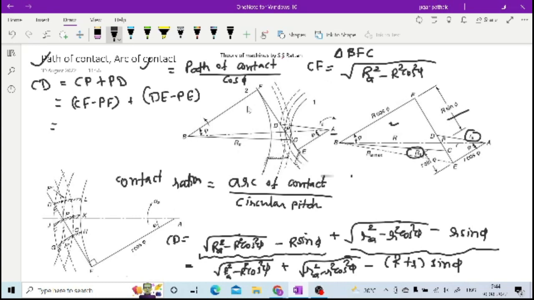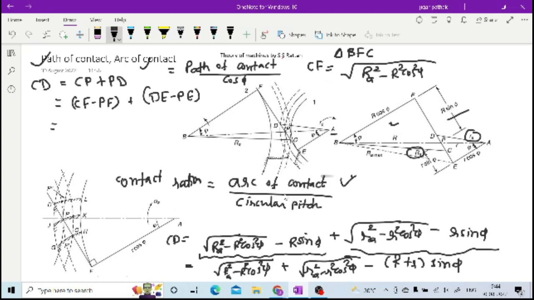Once you have that arc of contact, it gives you a certain length of the pitch circle of the gear. Physically, the arc of contact means a particular amount of the circle is in contact with the meshing gear, and circular pitch gives how many teeth are there in a particular arc.